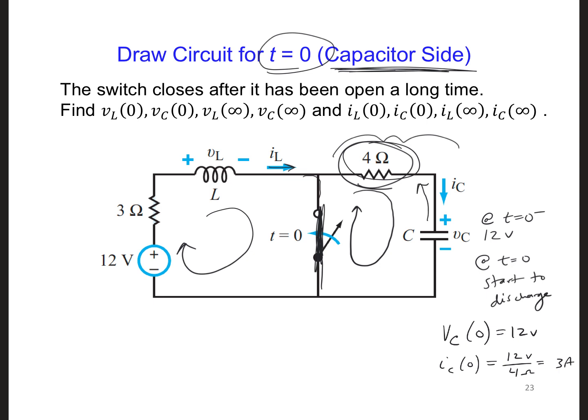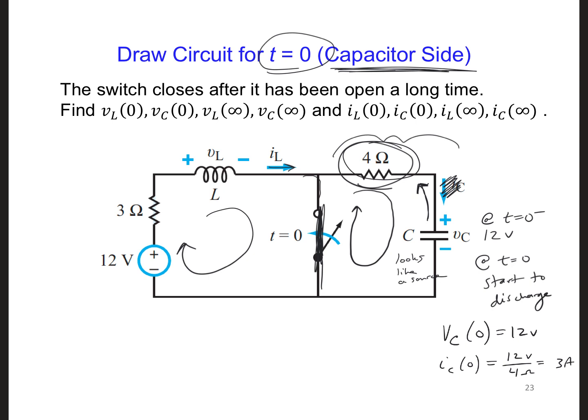So the current actually in this part, I'll just cross this out, that's the positive current direction. The actual current in this part at this time is going to be flowing in the opposite direction. It's going to be discharging, acting like a source of energy.